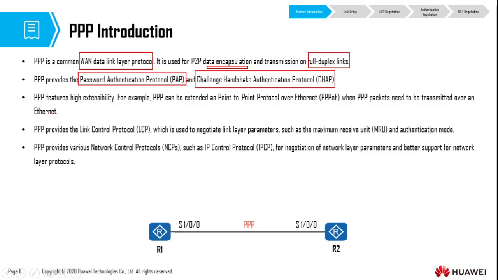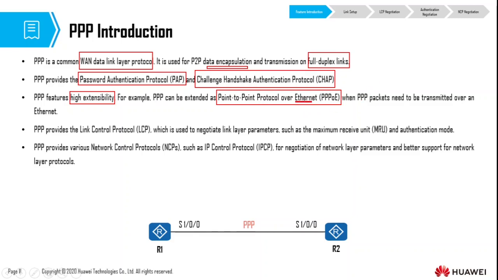Now, PPP features high extensibility. For example, it can be extended to work over Ethernet in a protocol called point-to-point protocol over Ethernet, which you're also going to see how it works. That's why we say it's highly extensible, because it can be extended to work not just with serial cables but also with Ethernet cables.